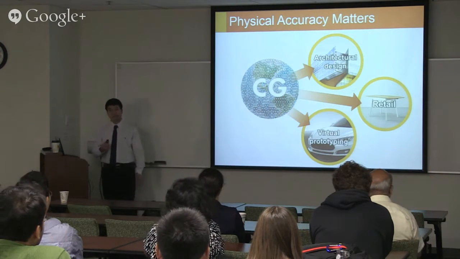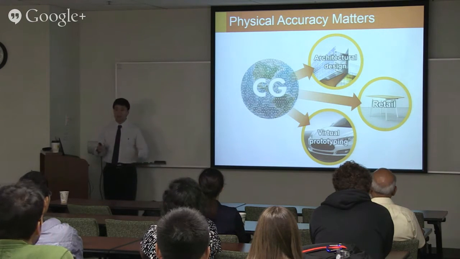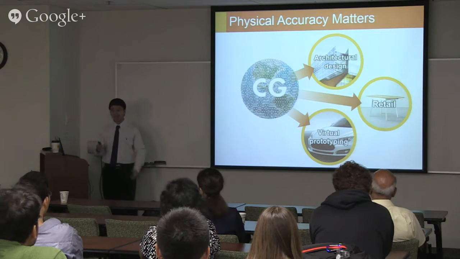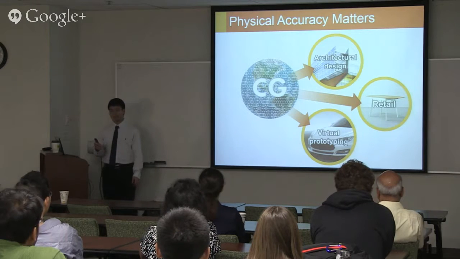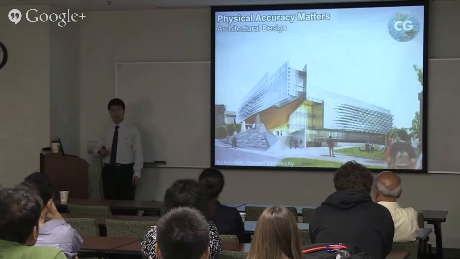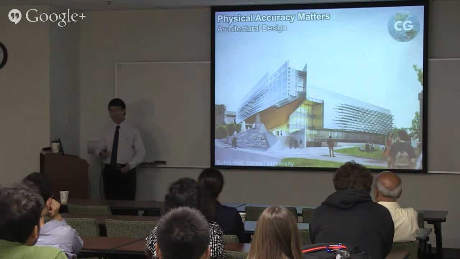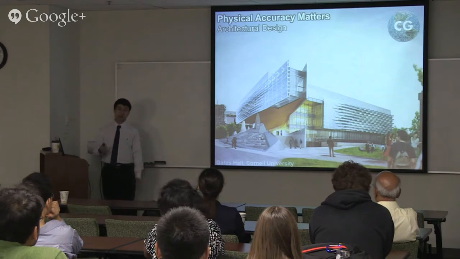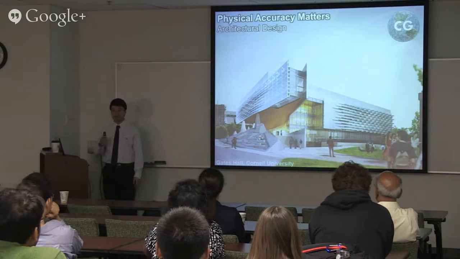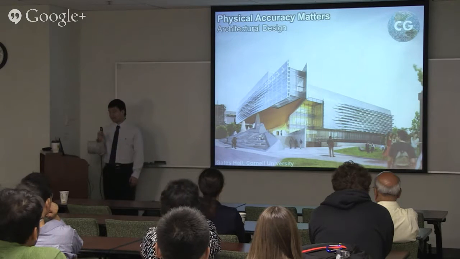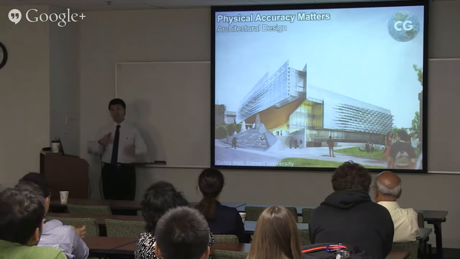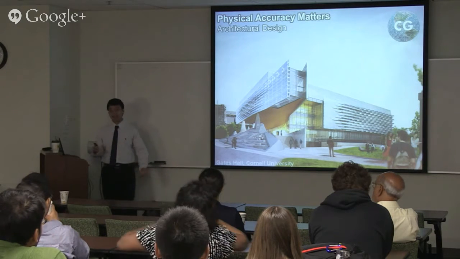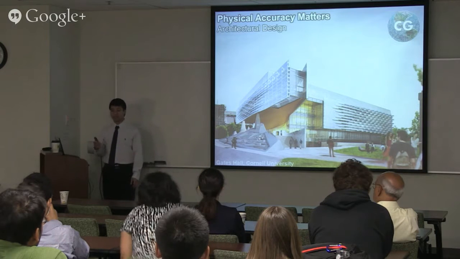Although we are still far from being able to build the Matrix, physical accuracy has become the key to many important applications. In architectural design, for example, computer-generated images help to give an impression of how a modern building would look before it is built. These images need to be accurate enough so that they closely match the reality. Otherwise, they would have little use or even be misleading.